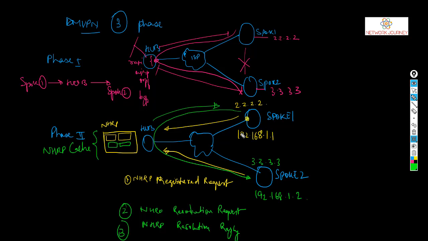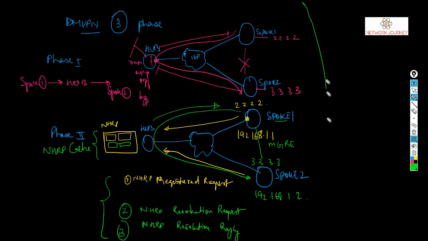So in this case, the spokes will be making use of the mGRE concept. The spokes have to be configured with mGRE so that they can communicate with other spokes as well, to have direct spoke-to-spoke tunneling. But before achieving that, there are 3 steps happening here.